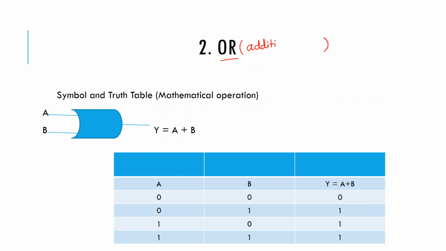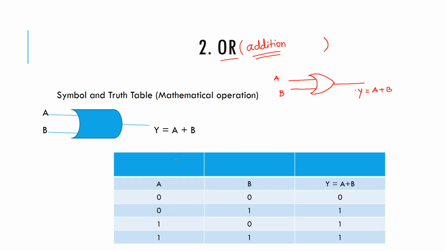The symbol for the OR logic gate is something like a leaf. Again, it can have two or more inputs, but only one output. I am representing inputs with A and B and output with Y. As this is used for addition, I can write the output as A plus B.